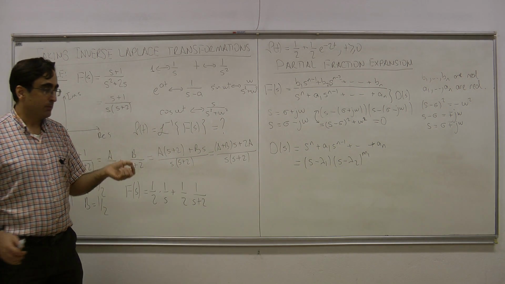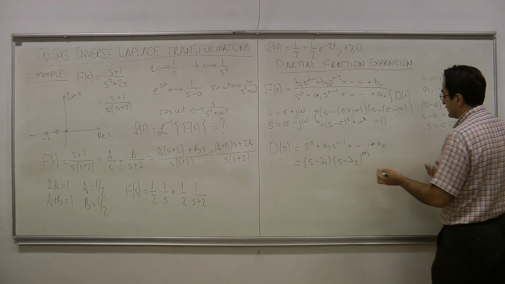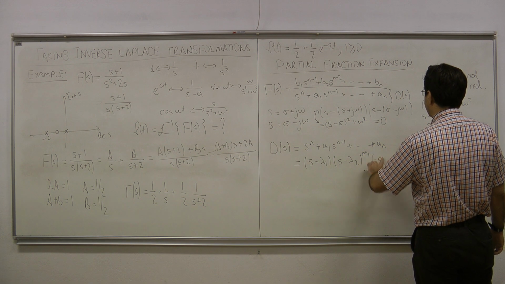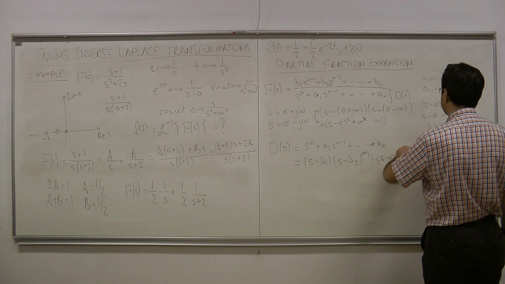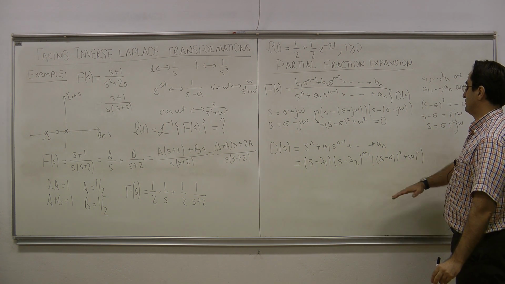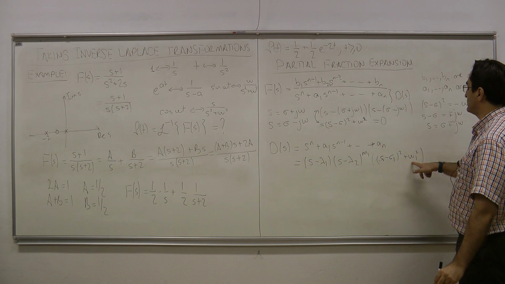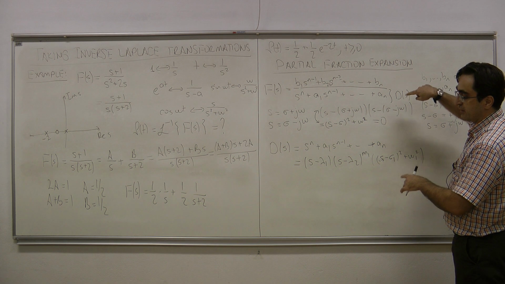And what about the complex poles? There might be a single complex conjugate pair. So this is going to be (s minus sigma 1) squared plus omega 1 squared. This is poles at sigma 1 plus minus j omega 1, and these poles have single multiplicity.